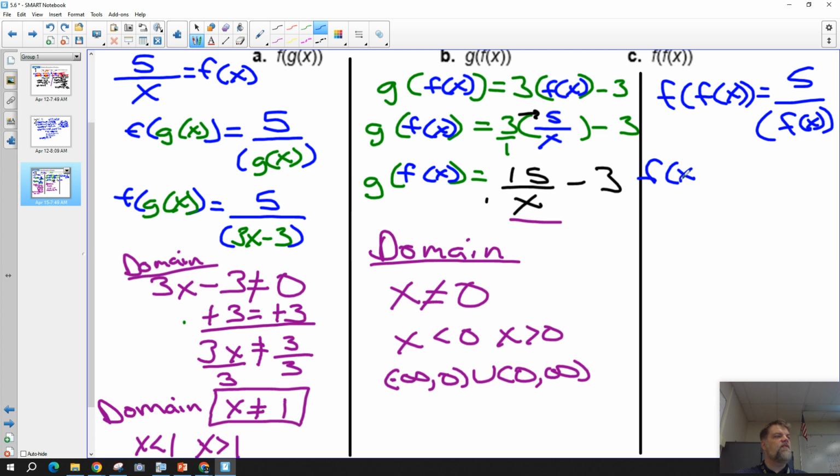So f of f of x is equal to 5 over, in parentheses, 5 over x, right?